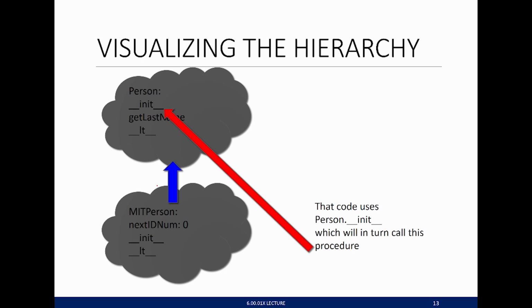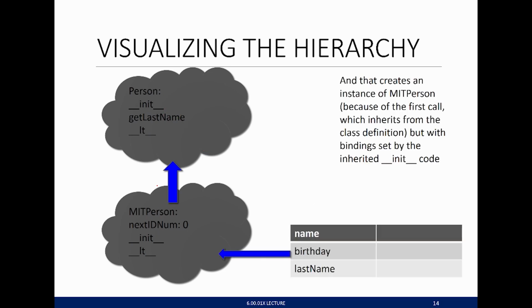It literally goes into the person class definition and finds that init procedure and calls it. And that will set up a binding for name and birth date inside of that instance. In particular, that is returned to the MIT person class because that's the place where the call was done. But the bindings come from the init procedure that's associated with person.